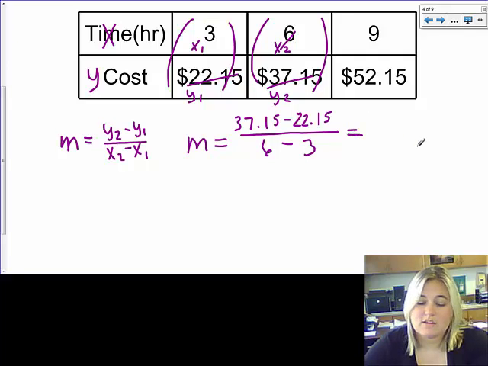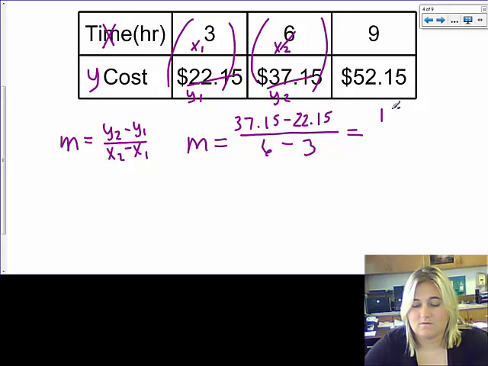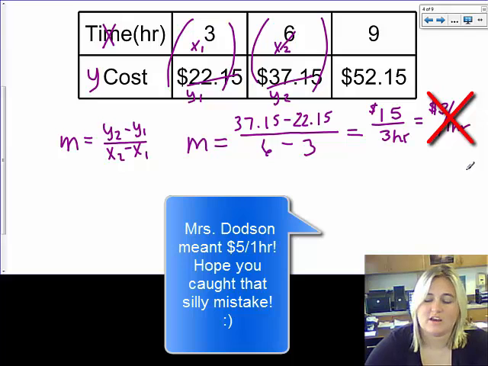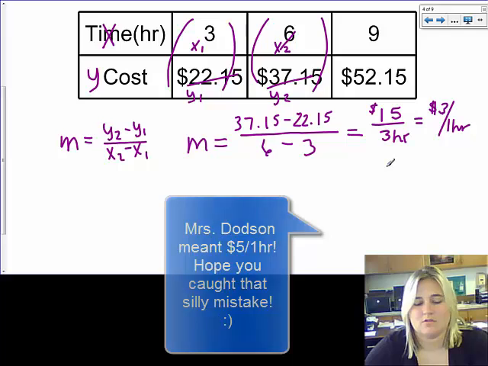When I subtract these, 37.15 minus 22.15 gets me $15 over 3 hours, which will reduce, you can divide those, to $3 per 1 hour. So that is the rate of change. For every additional hour, you're going to be charged $3 more.